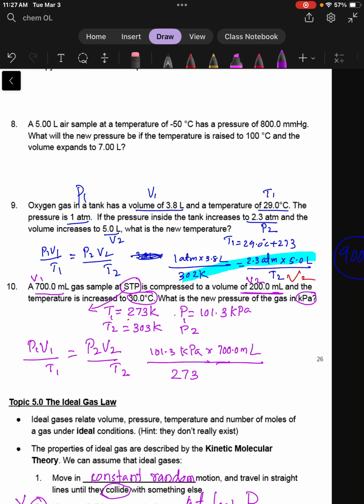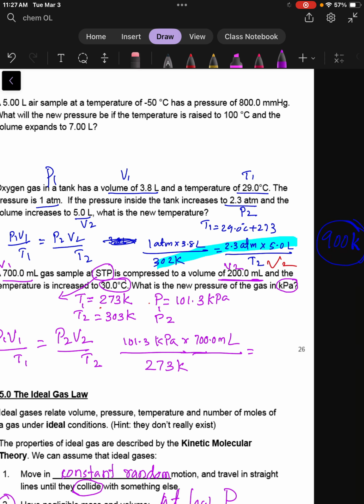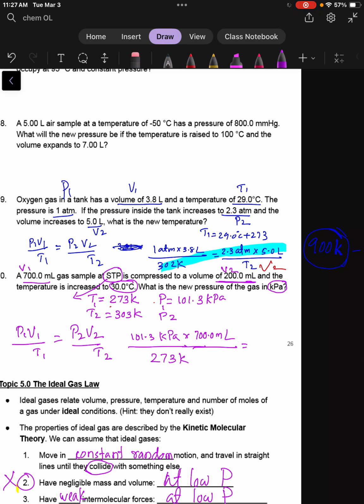Then T1 is 273 Kelvin, which is equal to, I'm going to go to the side because I don't have space, P2, which we don't know, times V2, which is 200.0 milliliters, divided by the temperature, which is 303 Kelvin.